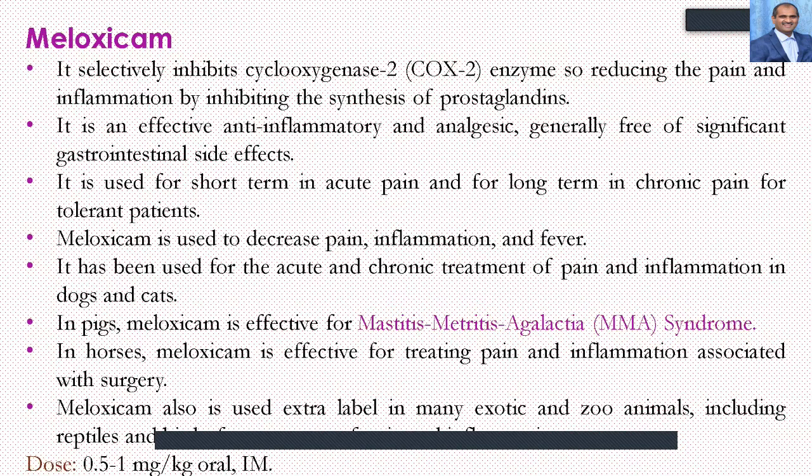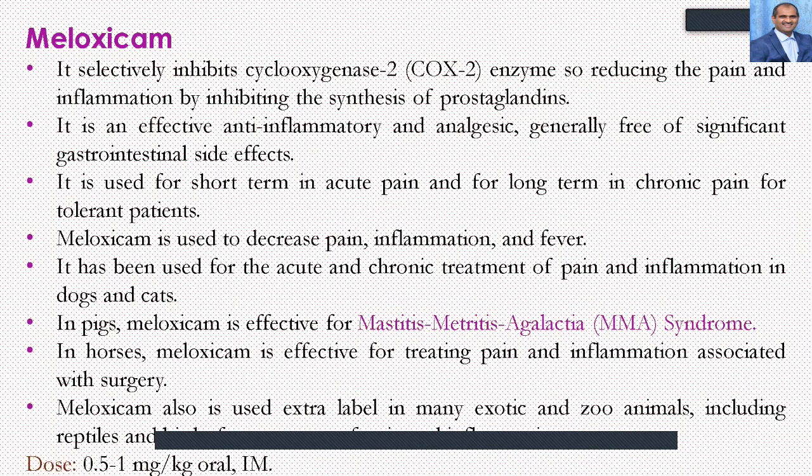So what is an extra label drug? An extra label drug is one which is not supposed to be used in another species, and the doses and other things are not well established in XYZ species, but still we are using them. That's the extra label.